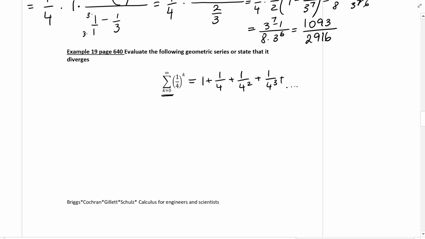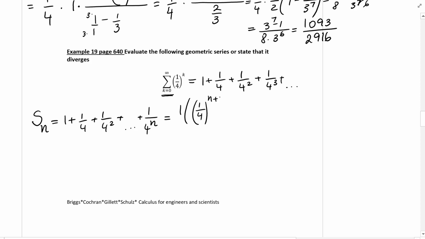So let's find out what S sub n means. It's 1 plus 1/4 plus 1/4 to the second plus dot dot dot 1/4 to the n. Being a geometric series, it's 1 times 1 over 4 to the number of terms, or maybe I should have stopped at 1 over 4 to the n plus 1, minus 1, over 1 over 4 minus 1.